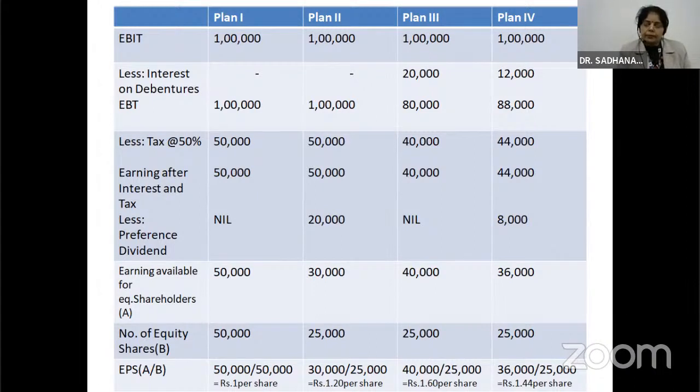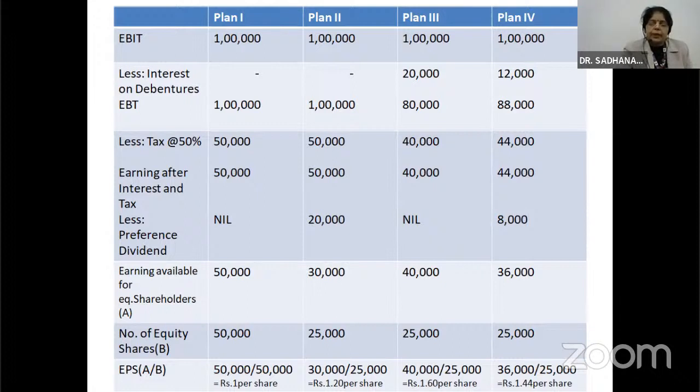We have four plans in our scenario, but we can execute only plan third, which gives maximum benefit to the shareholders, which is the ultimate aim of the company.